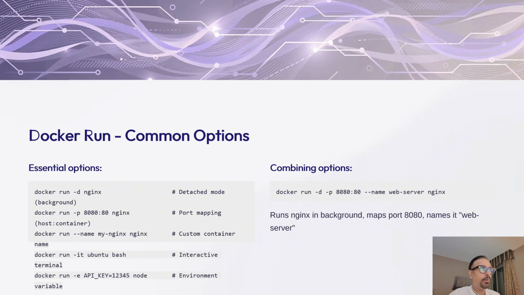In that case, while running the container itself, you can provide that API key as an environment variable. When you provide that, the API key is going to be used by the application in the backend. That is how you can use the environment variable to take the input, and you can use that as part of your code, which is there for the application inside your container.